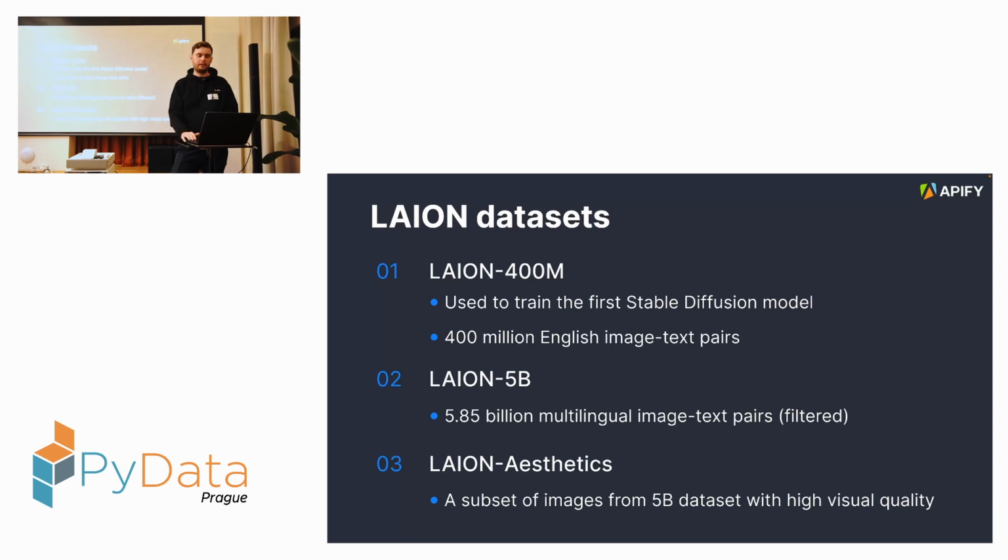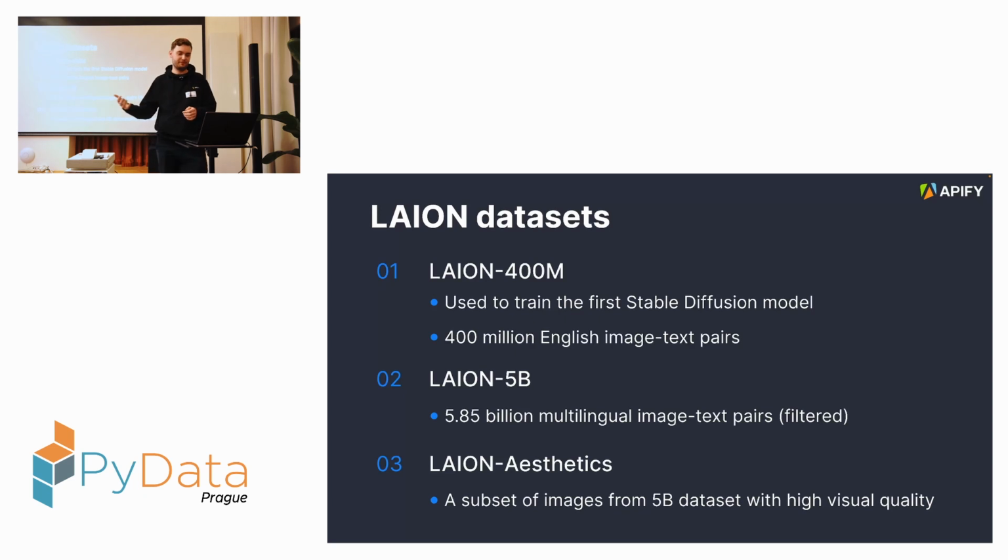And something they created is LAION Aesthetics. This is a subset of the 5 billion data set, and they only included images which have high visual quality. Now you may ask, it's 5 billion images, how did they find out if they have high visual quality? And the answer is they have a machine learning model that classifies whether the image is high quality or not.